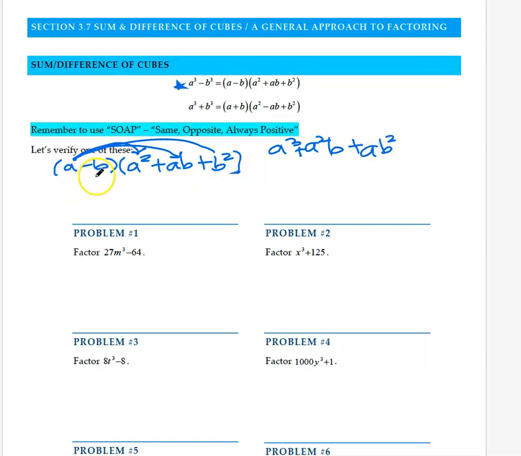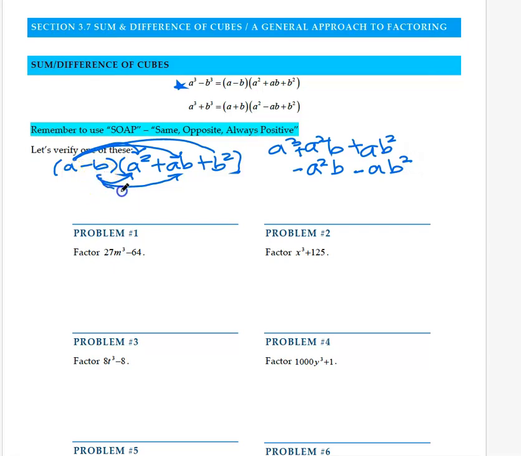And now I'm going to distribute my negative B through. When I do this one, I've got negative A squared B, and that's the same thing I have right there, so I'm going to put it underneath: minus A squared B. And when I distribute here, I get a negative AB squared, so I'm going to put it under this one.